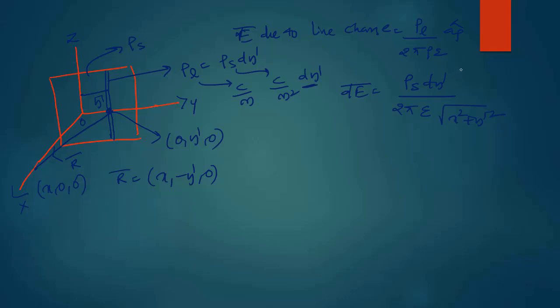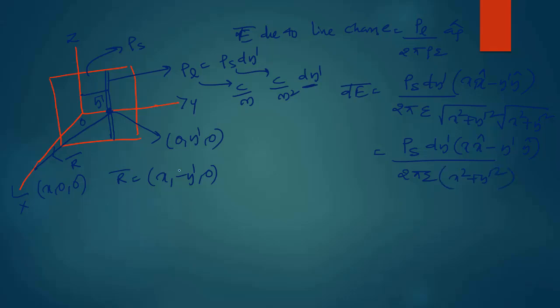Rho is x cap minus y dash y cap, divided by the magnitude, which is square root of x square plus y dash square. So it is equal to rho s dy dash times (x x cap minus y dash y cap) by 2 pi epsilon times (x square plus y dash square).